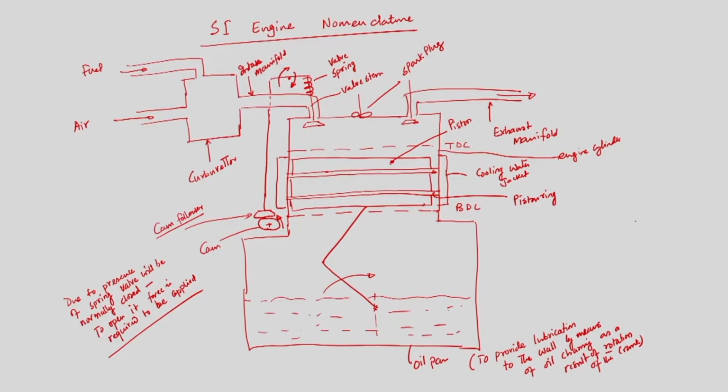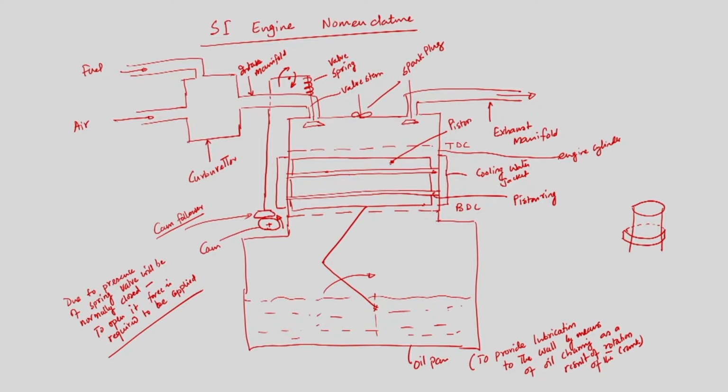Now piston ring is provided. See, if I draw the piston, it is essentially a cylindrical piston, right. So piston ring is provided at the periphery of the piston, because there will always be friction between piston and the engine cylinder.